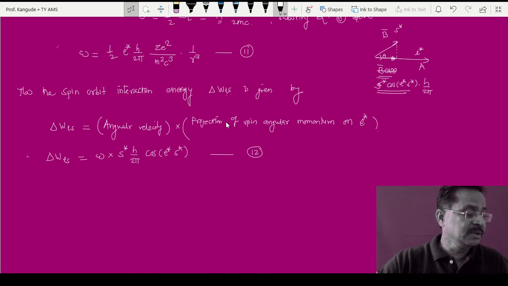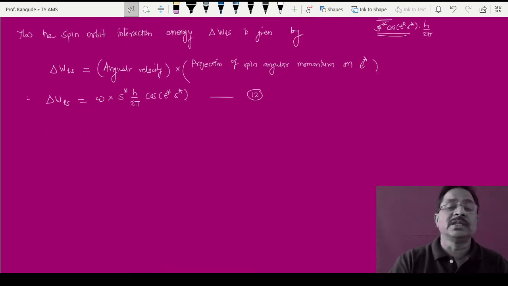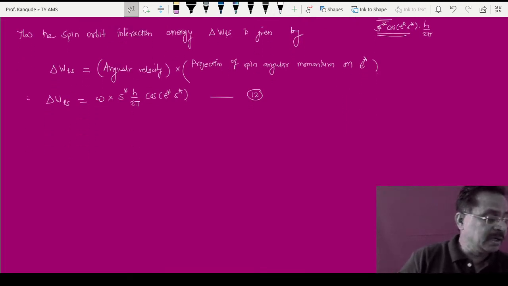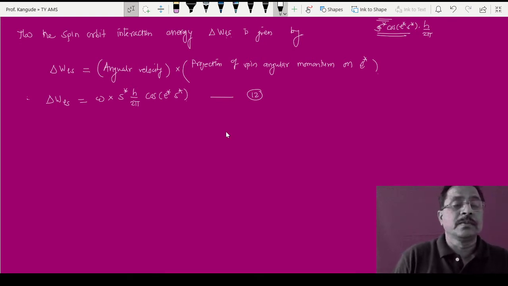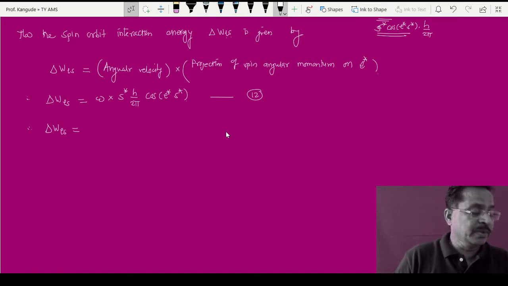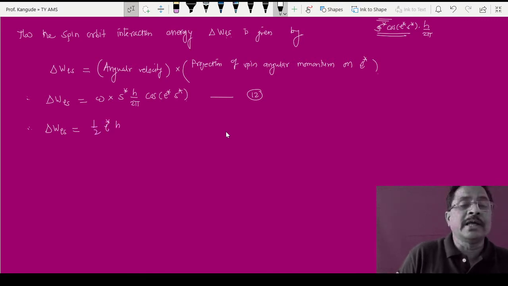Now replace this omega from the earlier relation number 11. Here we will get delta WLS. Therefore delta WLS is equal to, replacing this omega from above equation number 11, 1 by 2 into L star multiplied by h cross, which is h upon twice pi, we are writing this later on, into ZE square divided by m square into c cube multiplied by 1 upon r cube.